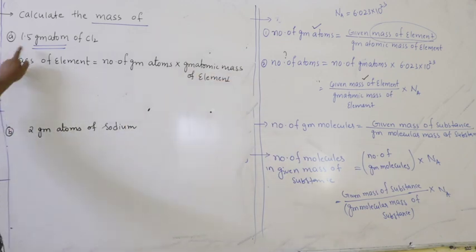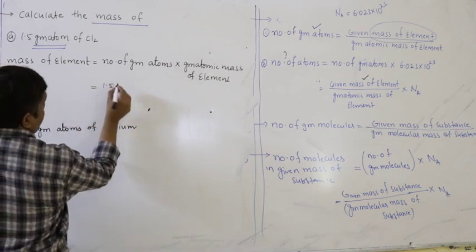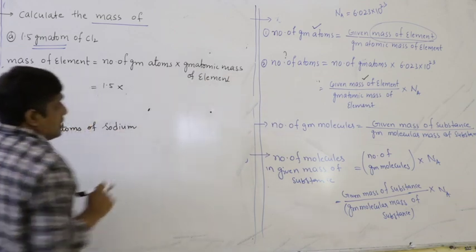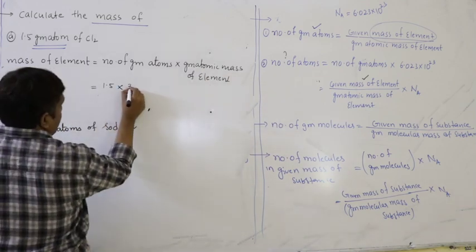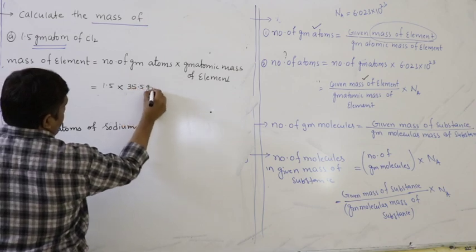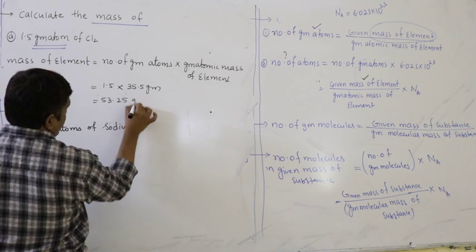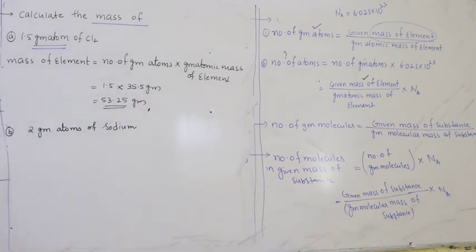So, 1.5 gram atoms of chlorine. So, 1.5 gram atoms into gram atomic mass. Atomic mass of chlorine is 35.5. So, this becomes 35.5 grams, which is equal to 53.25 grams. Coming to the next one, 2 gram atoms of sodium.